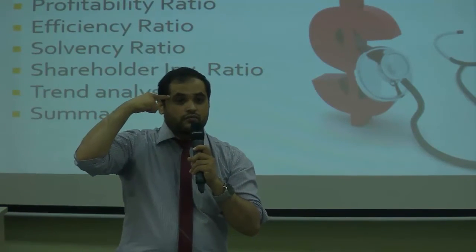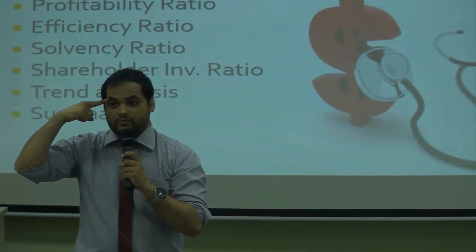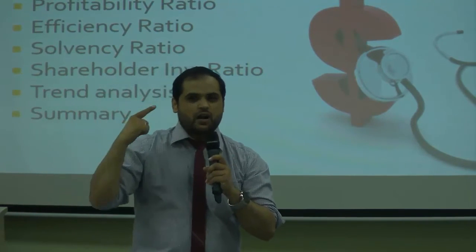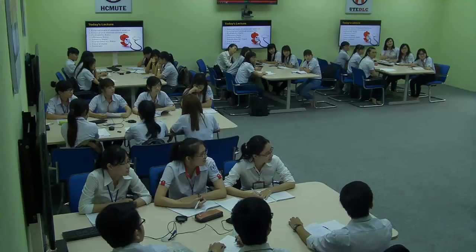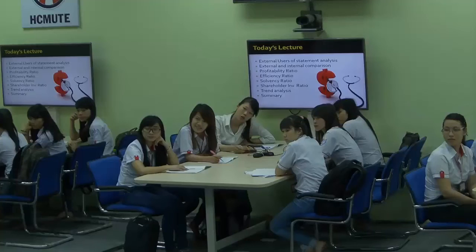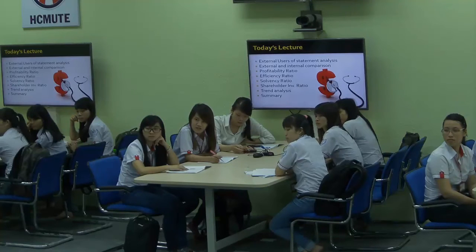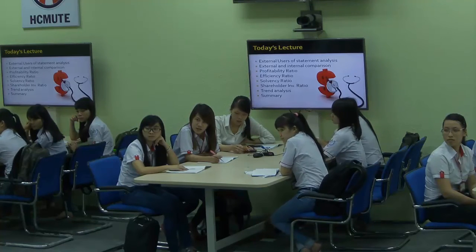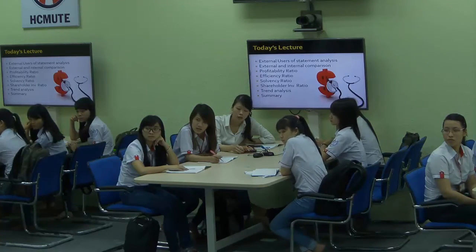Directors are very smart people, and shareholders have too much money, rich people. They need each other: rich people need smart people, and smart people need money. So they work together to run the company.